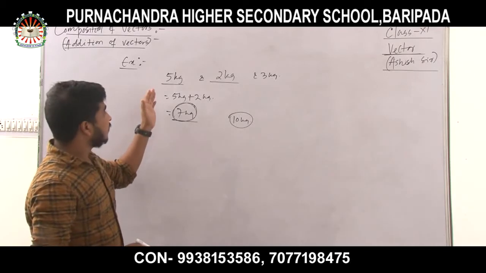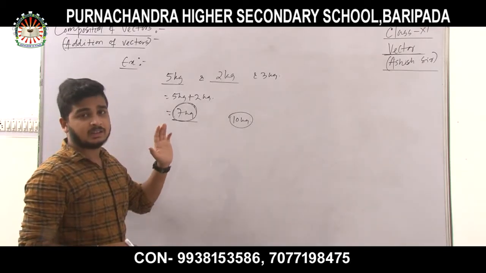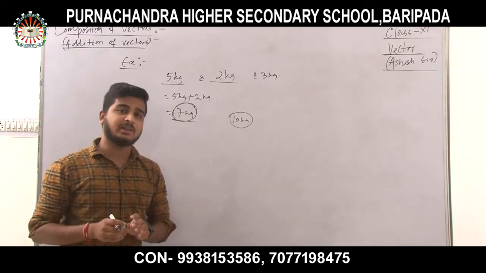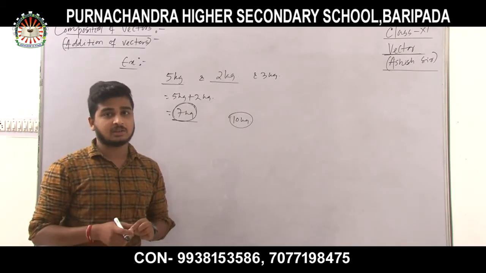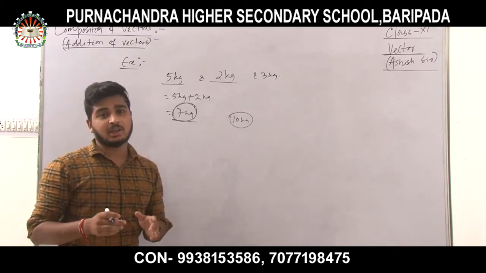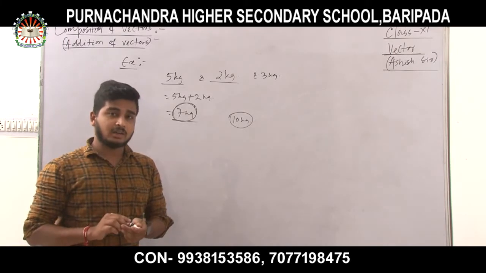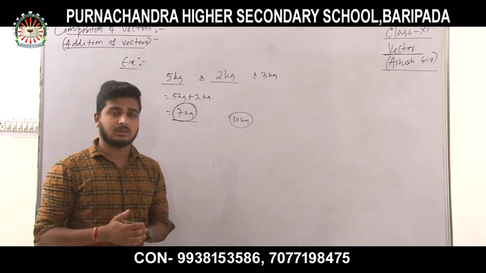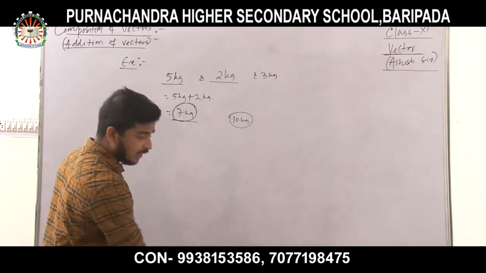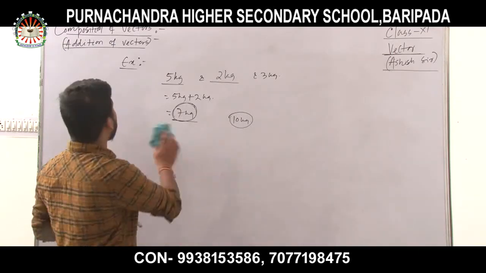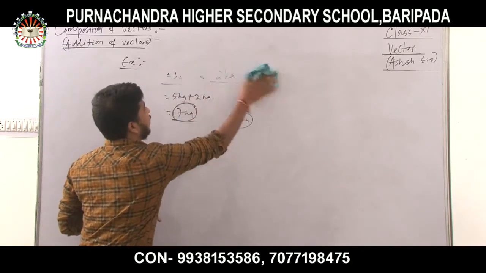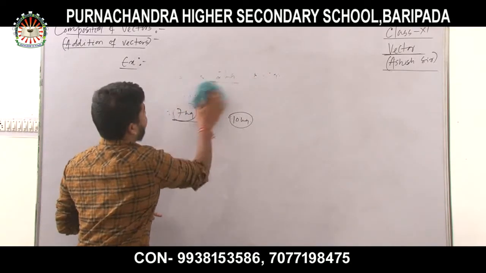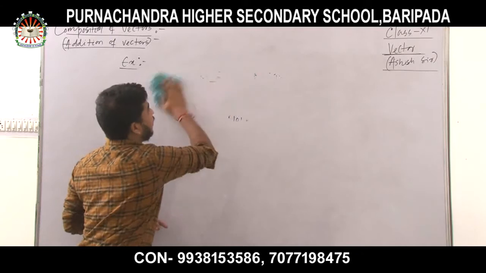But vectors are different from scalars because vectors have both magnitude as well as direction. So vectors need a special kind of addition, in order to add two vectors, or three vectors, or as many vectors as needed. There are different principles for the addition of vectors.